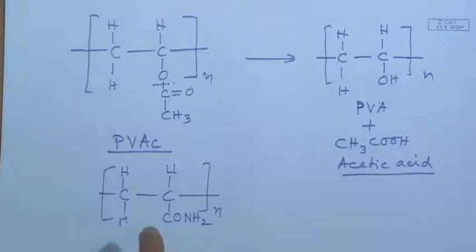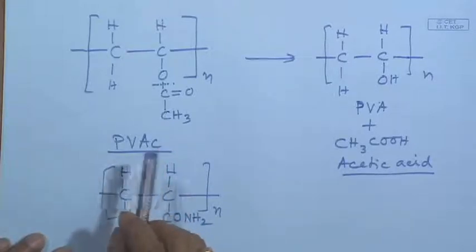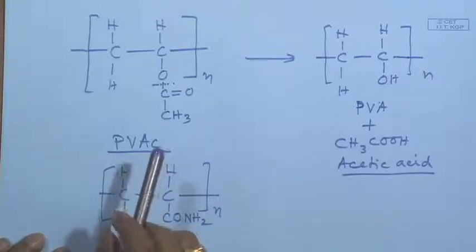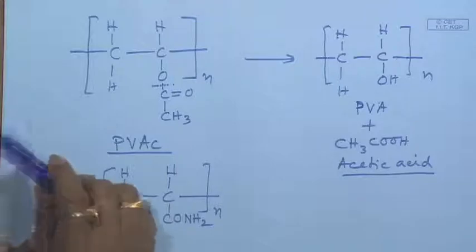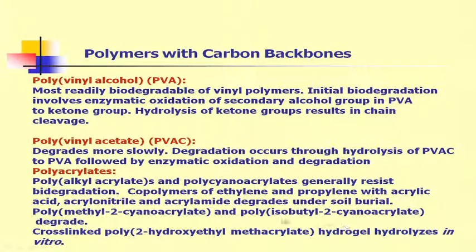This acrylamide monomer, this portion can be copolymerized with ethylene or other vinyl monomers, or we can have polyalkyl cyanoacrylates, say polyisobutyl cyanoacrylate, polymethyl cyanoacrylate. We can have polymers of say acrylic acid and acrylonitrile. So, these polymers degrade slowly by microorganisms or hydrolytic degradation.